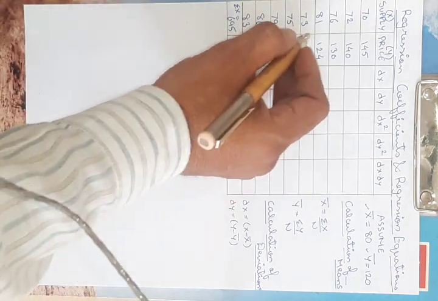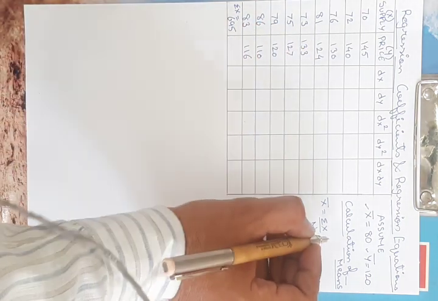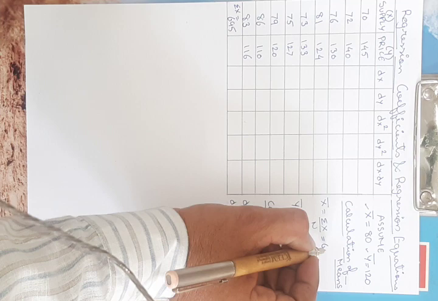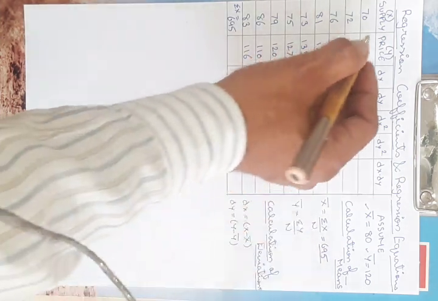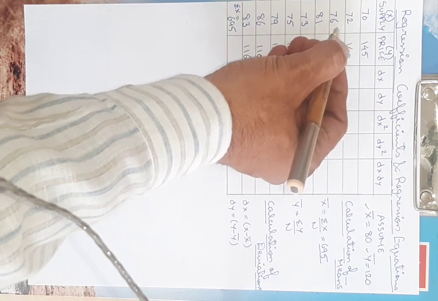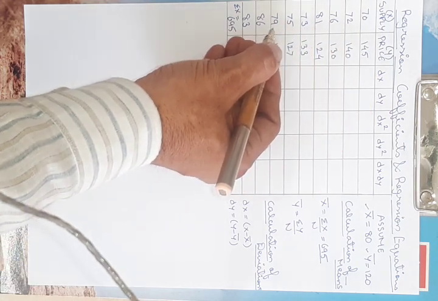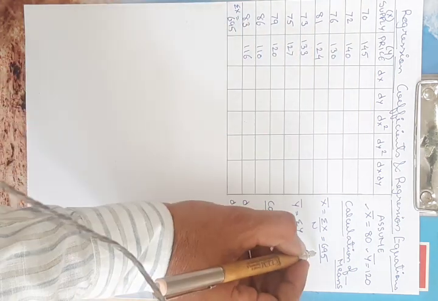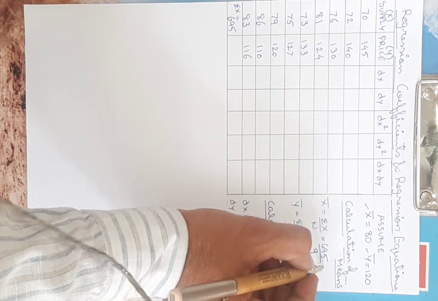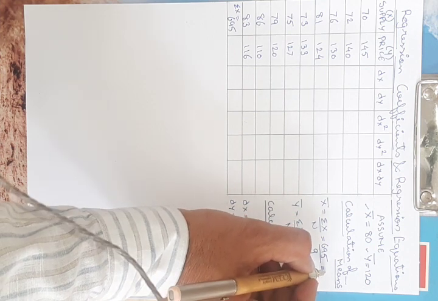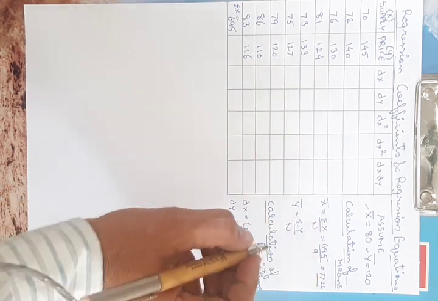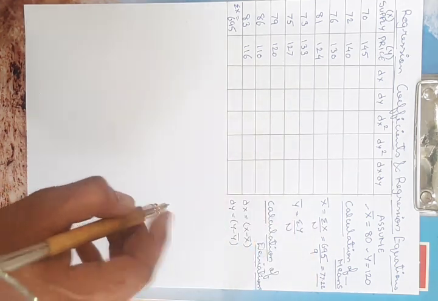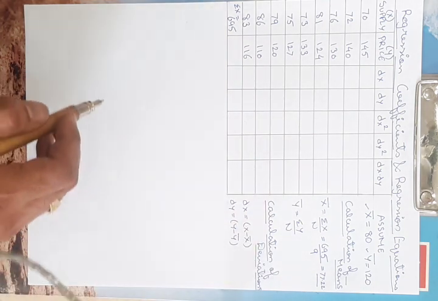So 695 divided by capital N. Capital N means the total number of observations: 1, 2, 3, 4, 5, 6, 7, 8, 9. So the total number of observations is 9. This value comes out to be 77.22. The mean of x is 77.22.